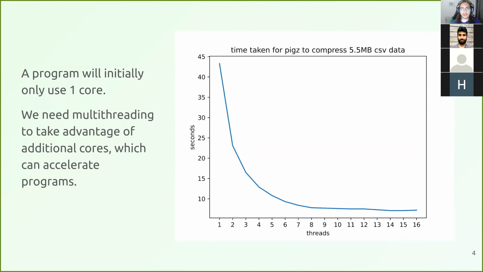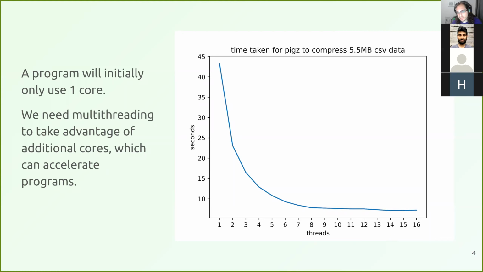For example, here I did a little benchmark checking how long it takes for a parallel compression program to compress about 5 megabytes of data. If you look at the chart on the left side, with a single thread it takes about 45 seconds. But if I increase the number of threads, it goes down.